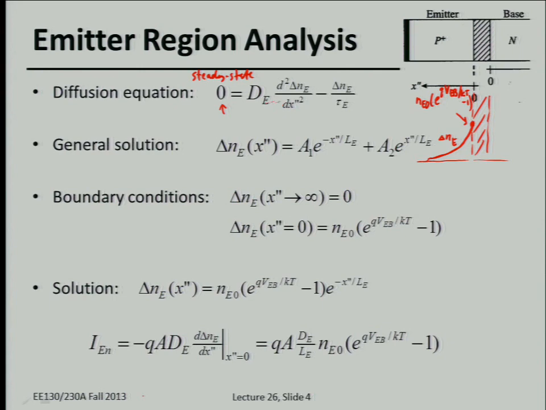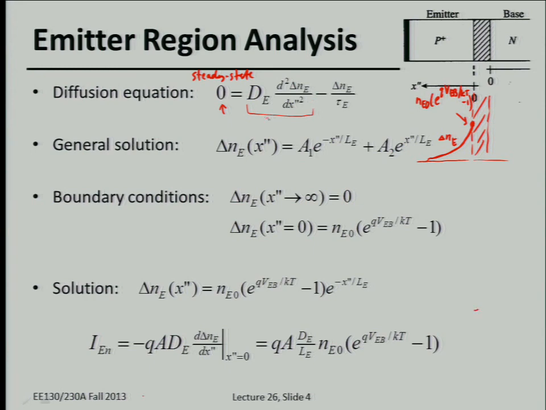On the right-hand side, the first term represents the change in diffusion current. If the diffusion current is changing, that means you're losing some carriers due to recombination.